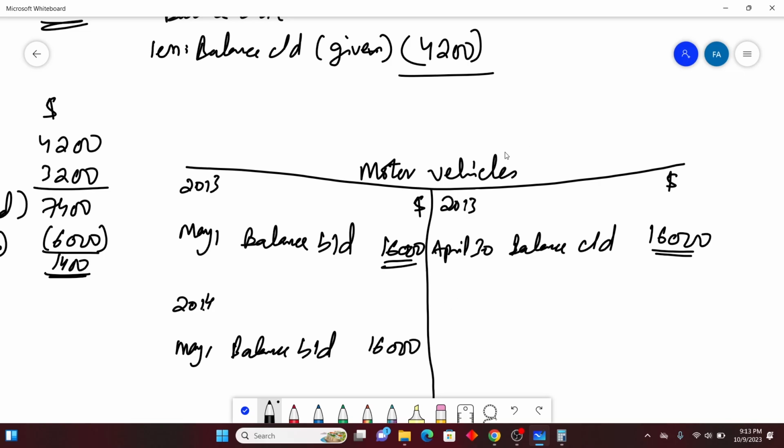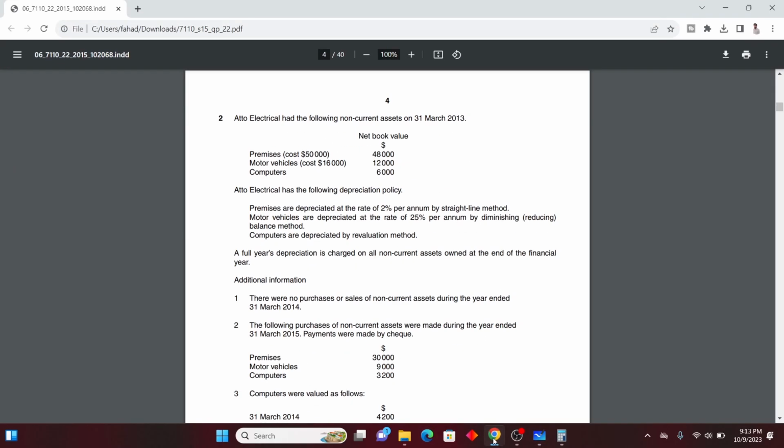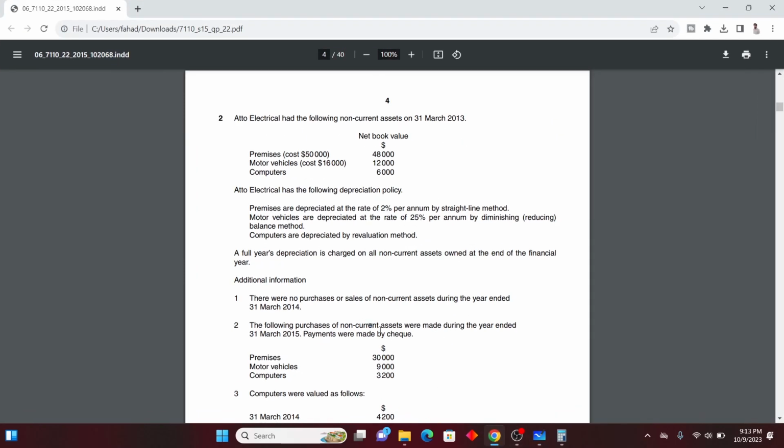Always take the cost because this is the cost T account. In 2014, we purchased some motor vehicles in this year, and the date for that is March 31st. We have purchased it by check, so we'll write bank and 9,000.